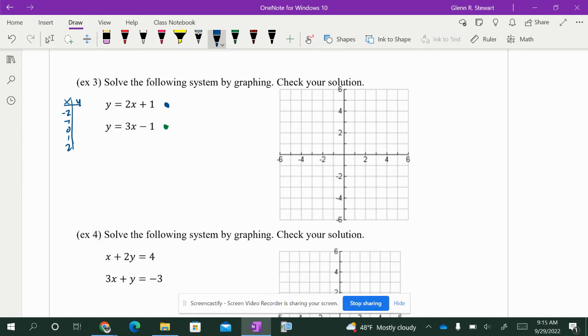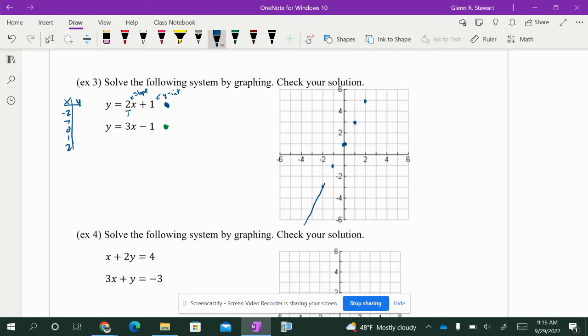So the way that it works is this is your y-intercept, and this is your slope, which is your rise over run. So I'm going to start at 1, and my rise is 2, and my run, which is left and right, is 1. So I'm going to go up 2 and over 1, or I'm going to go down 2 and left 1.